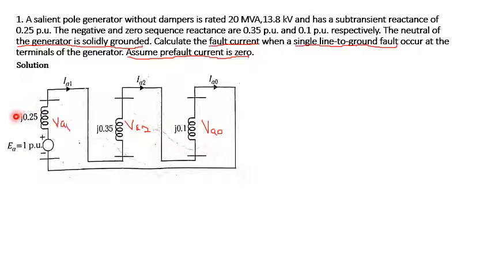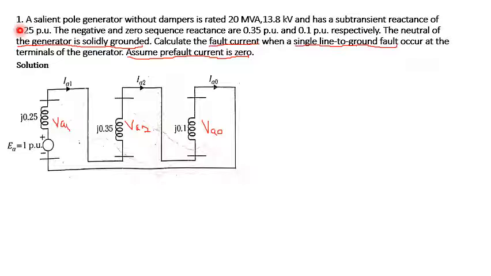Then this is the expression for Z1, or you can consider it X1. The positive sequence reactance value is 0.25.